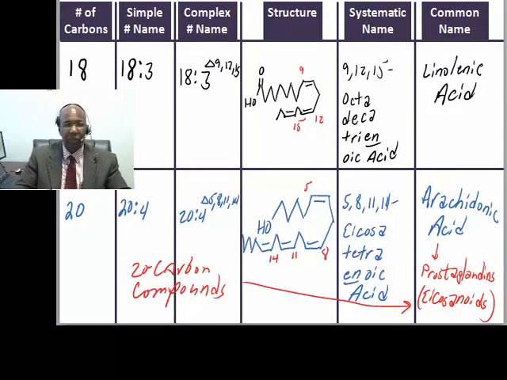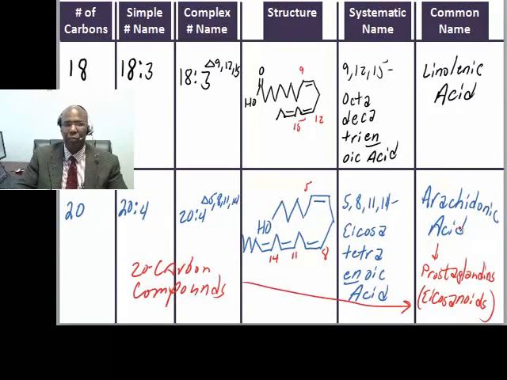Okay? And so that completes all of our fatty acids that we need to know. 18:3 delta 9, 12, 15 is linolenic acid, a polyunsaturated fatty acid, and a 20 carbon polyunsaturated fatty acid with 4 double bonds is arachidonic acid.